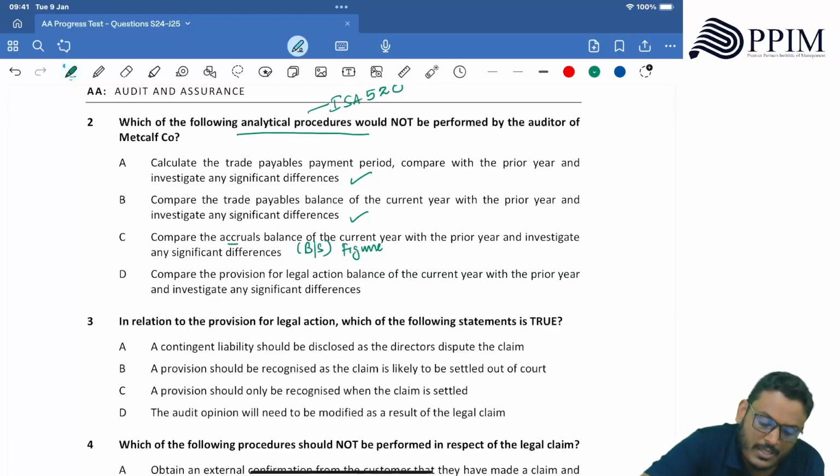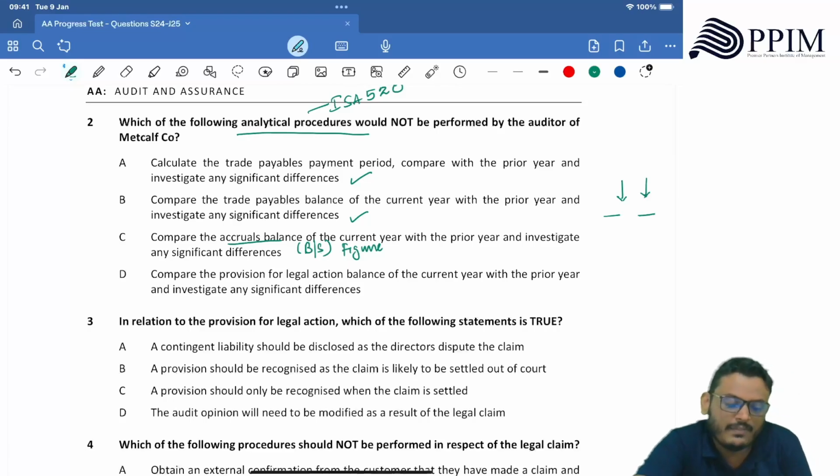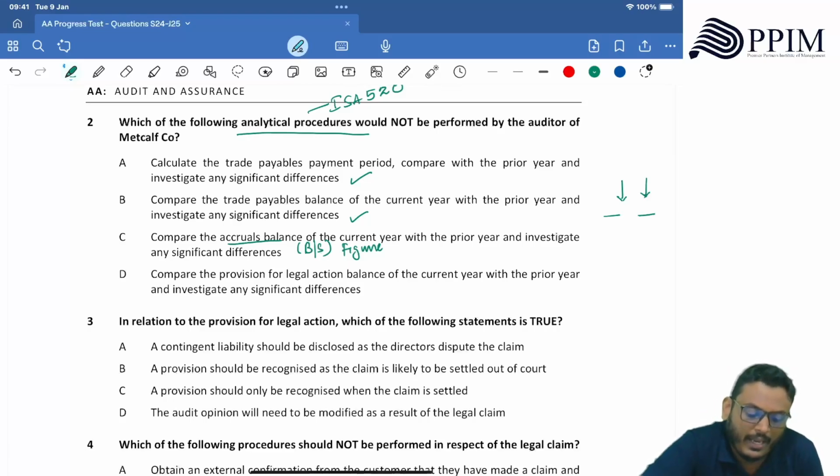If you look at these accruals, current year accrued balance, previous year accrued balance, and investigate any significant differences. That is also fine, because when it comes to accruals, accruals do not include the previous balance into the current balance.